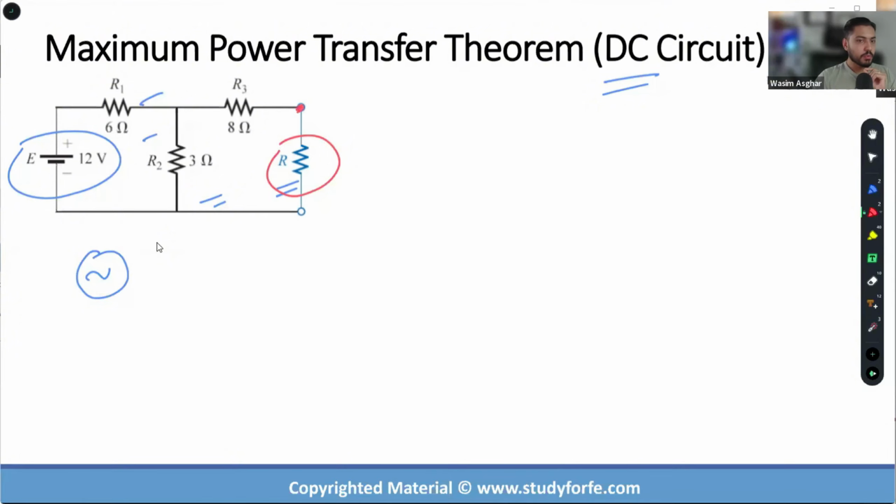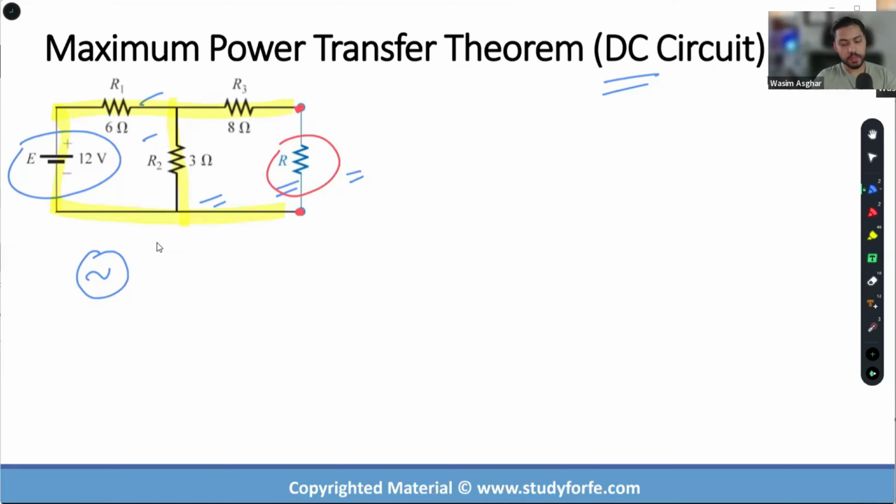Well, the way the terminals are noted over here, we need to create an equivalent circuit with respect to these terminals. So everything between these two terminals needs to be converted into a simple voltage source and a series resistor. Okay, and then we are going to bring back the load resistor, the output resistor, into play.